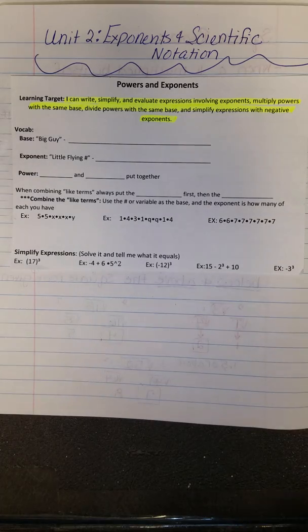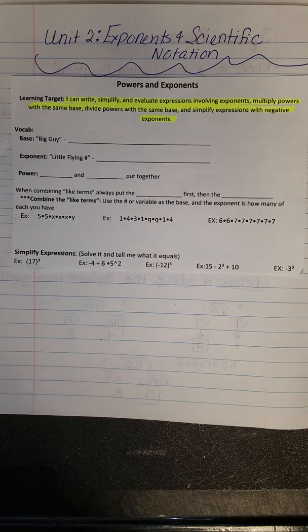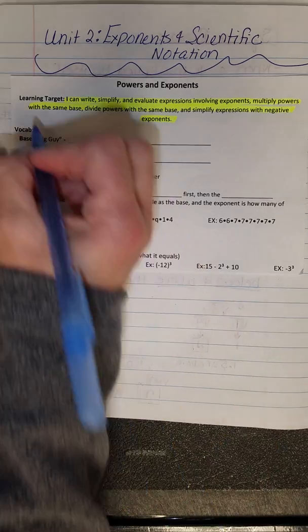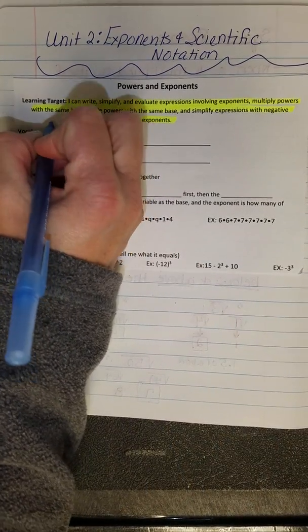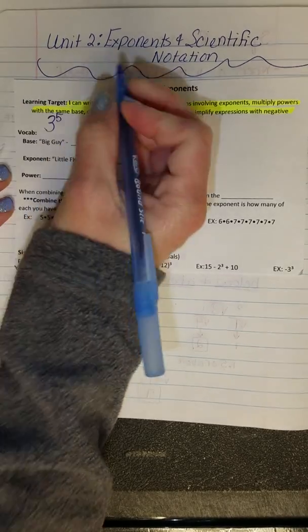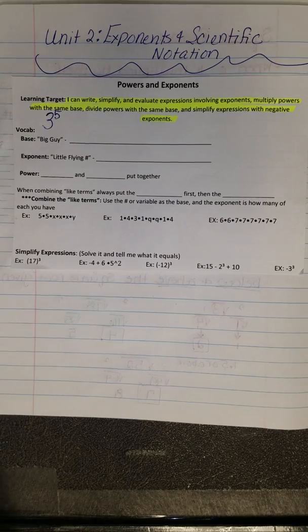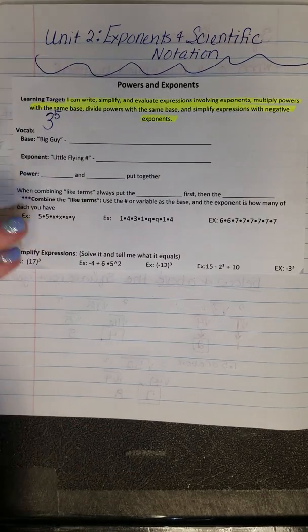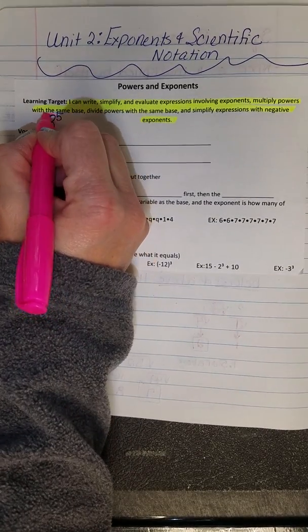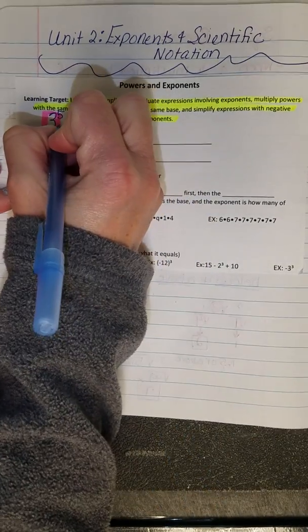All right, so back in 6th grade, when you first talked about what an exponent is, you may recall what the exponent is and what the base is. So over here, I'm just going to give you an example. If I write 3 and then this little 5 at the top, together that whole thing is a power. But if we just look at it individually, the 3 is called the base.